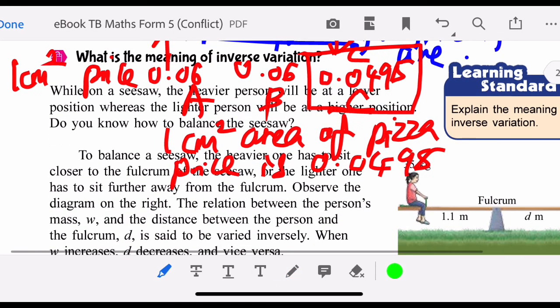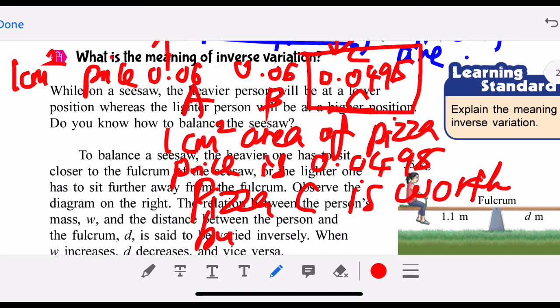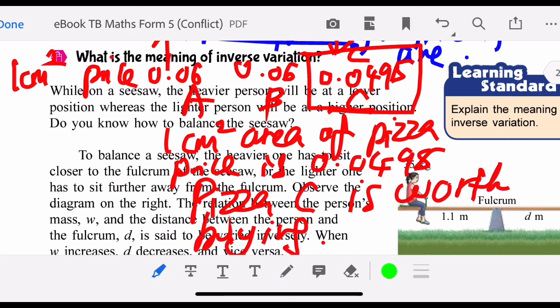So pizza C is worth buying. So that's how you justify your answer, by showing the proper steps.